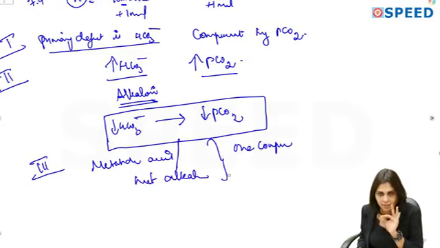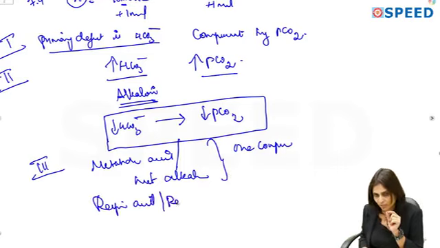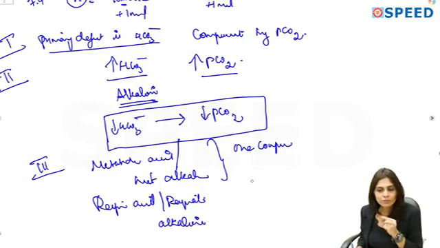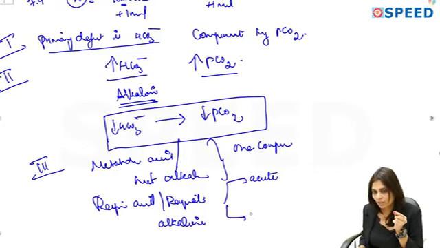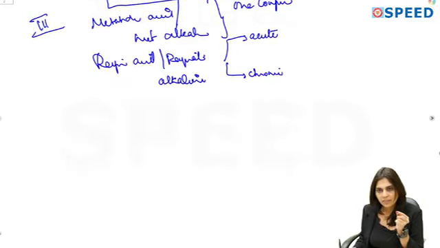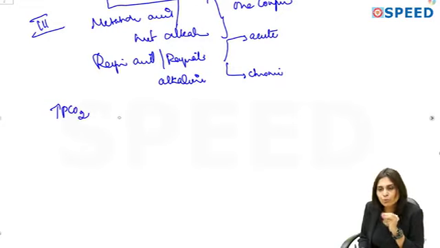Whereas if it's respiratory acidosis or respiratory alkalosis, there are 2 steps of compensation. One we call acute compensation, the other is chronic compensation. The reason is, if the primary defect is say respiratory acidosis, wherein PCO2 is elevated, there will be an acute compensation that happens in a matter of few hours.